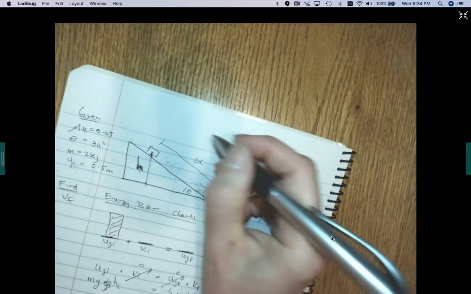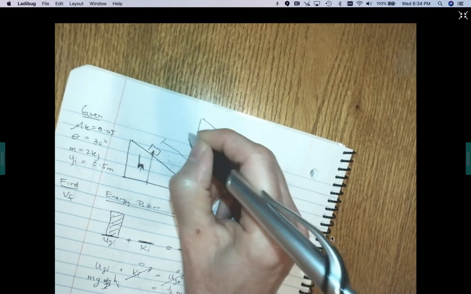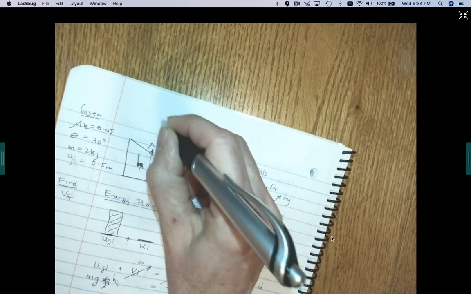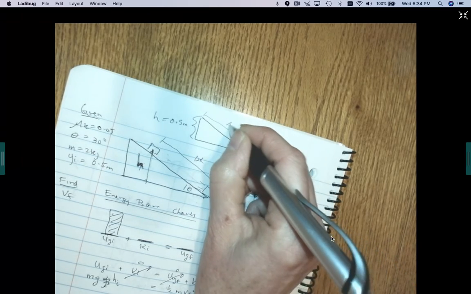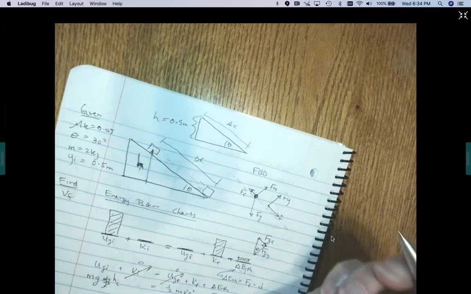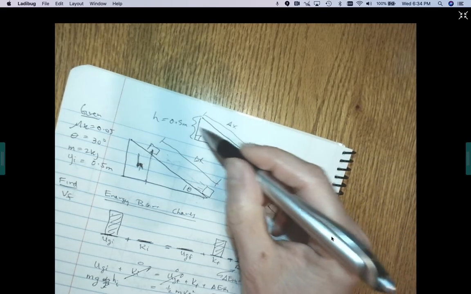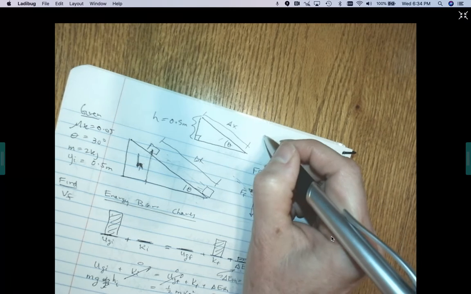Okay, one more little bit of geometry. It tells us this length is 0.5 meters. That's the height. And for friction, I need to know how far it travels. So this is my opposite side, and this is my hypotenuse, right across from the 90 degree.